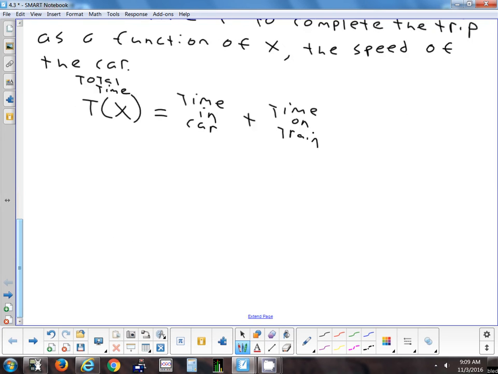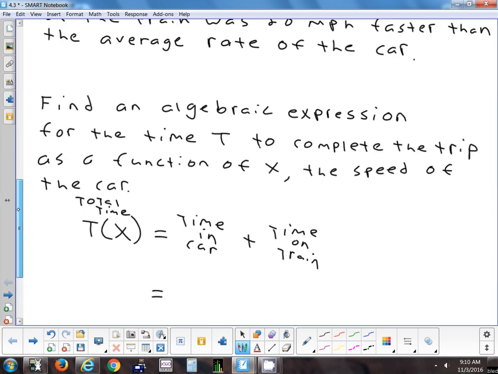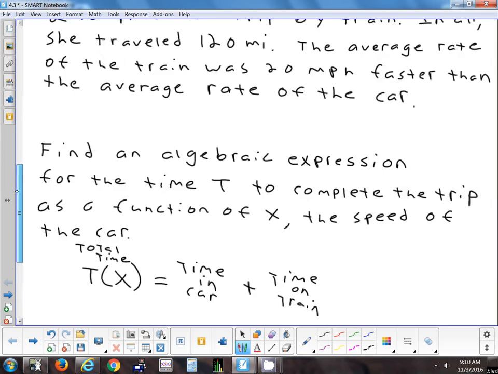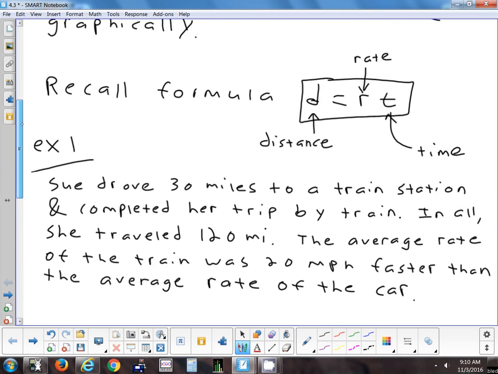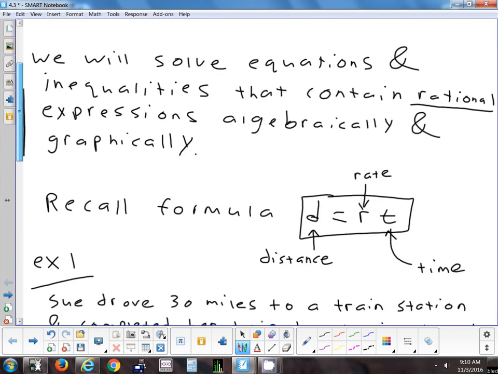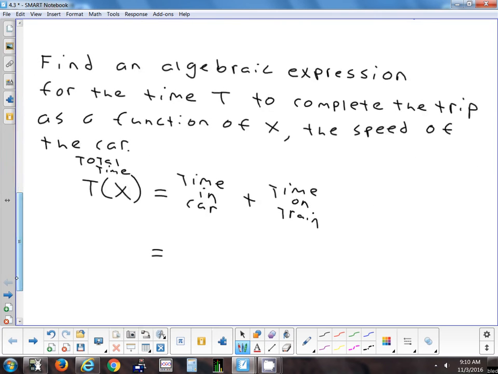How do you calculate time if you know distance and you know rate? Yep, Hannah? You do 120 equals 20 times t, and then you divide by 20. Yeah, so even without the numbers for a second, in general, if you just want to find time, take distance and divide by speed. So distance divided by rate, I'm going to put that over here. That's your time.